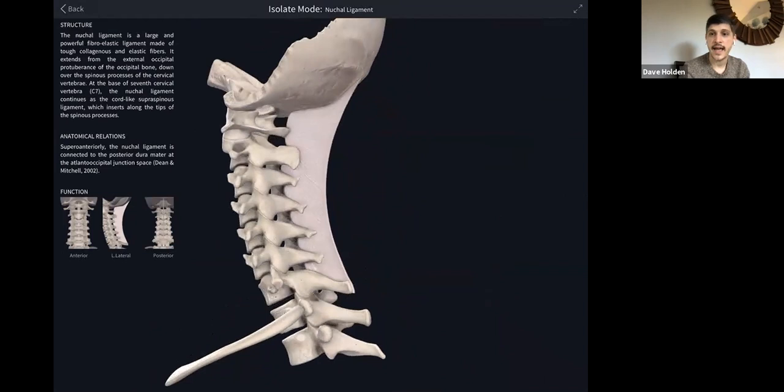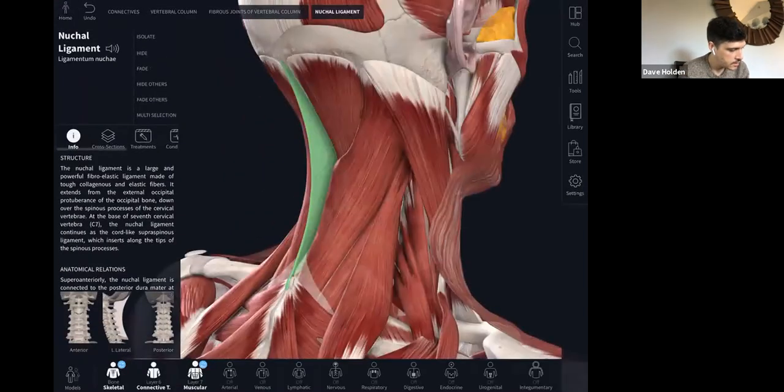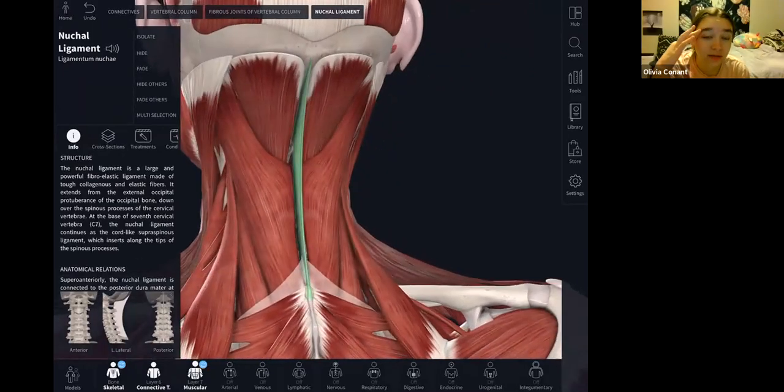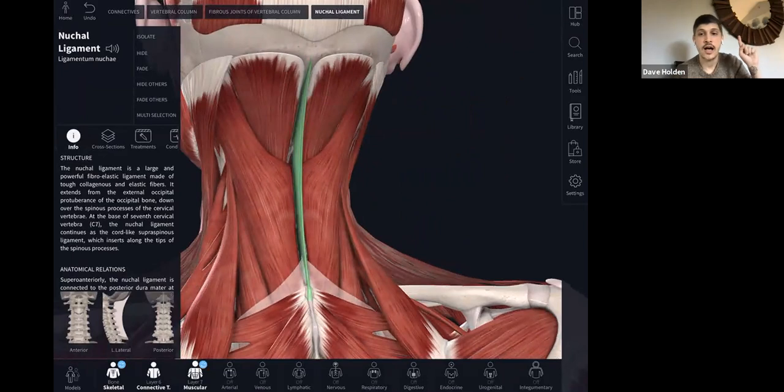And that serves as the anchoring point. So when they say that the muscle attaches to this thing, it plugs straight into it. And it starts on the nuchal line, at the external occipital protuberance. The nuchal lines go out transversely, whereas this thing passes sagittally.